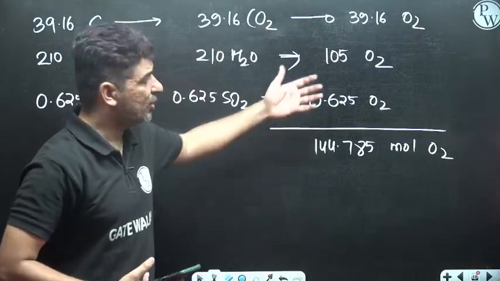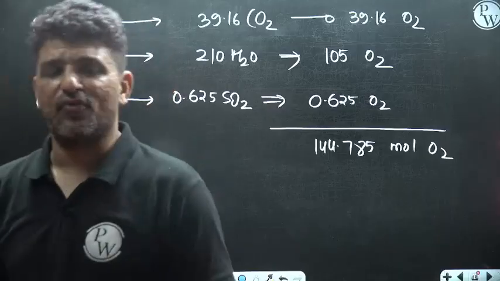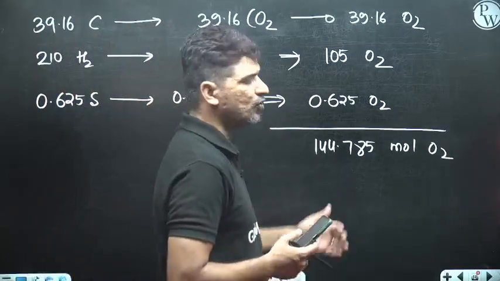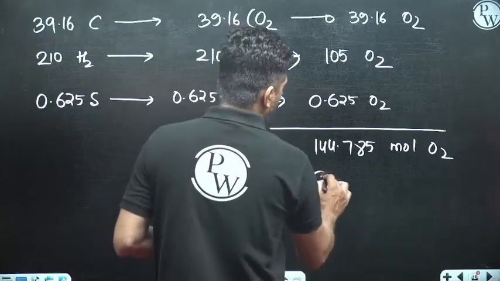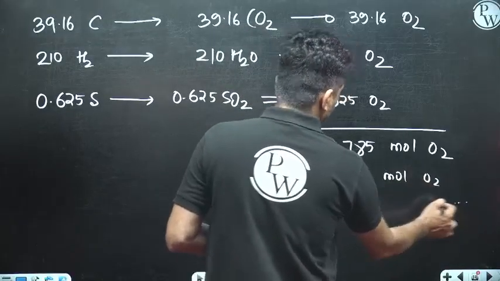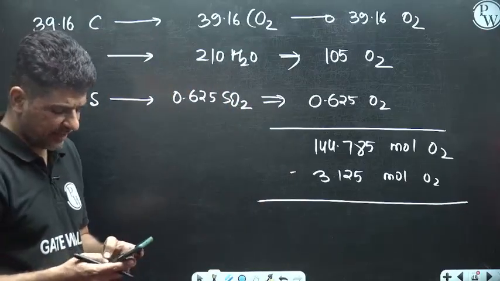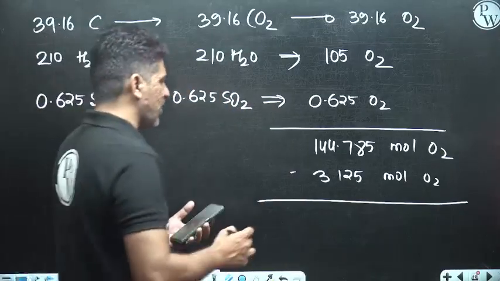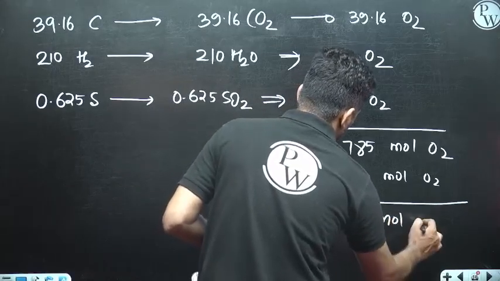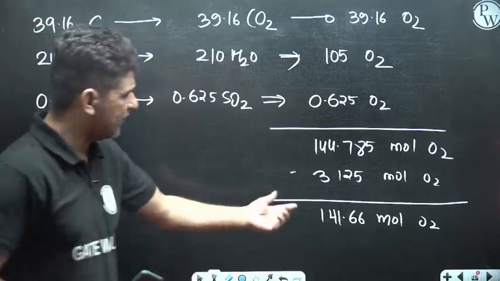But you see that your fuel already has 10% of oxygen, and that already has 3.125 moles. So minus 3.125 moles of O2. So the total requirement is 141.66 moles of O2.